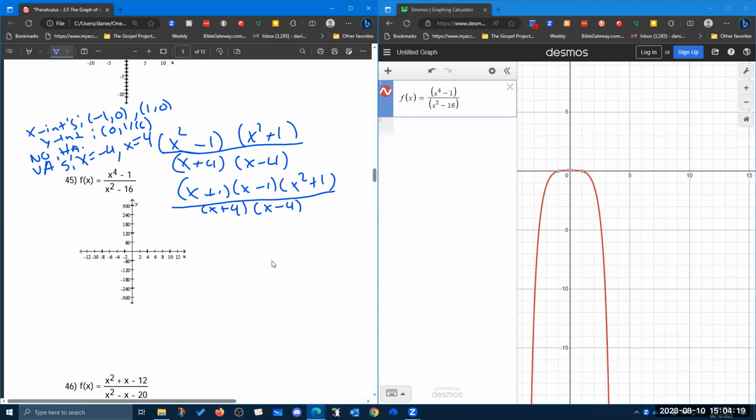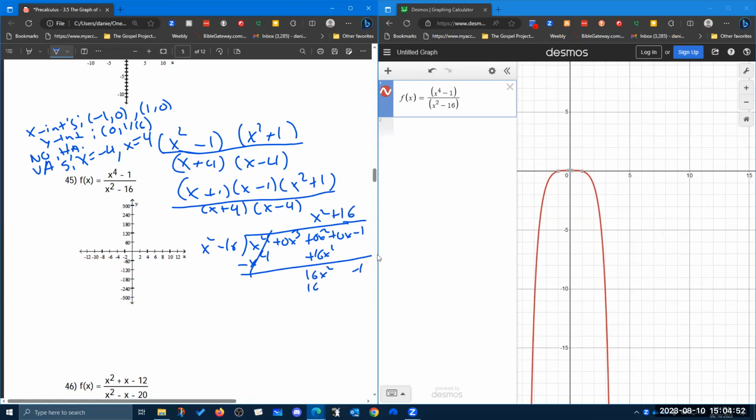To figure out that oblique asymptote, we're going to have to use long division of polynomials. So x squared minus 16 into x to the 4th plus 0x to the 3rd plus 0x squared plus 0x minus 1. The x to the 2nd, x to the 4th minus 16x squared, and change my signs and add: 16x squared minus 1.